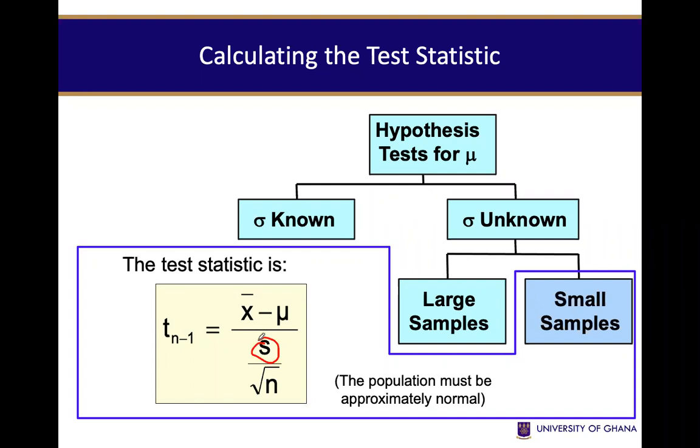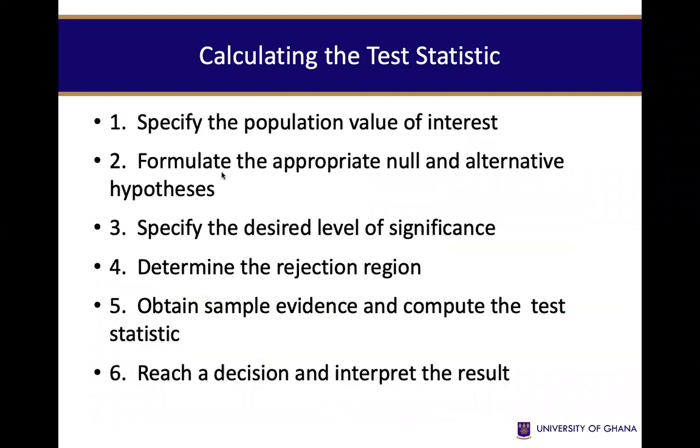And it's as simple as that. The sampling distribution is no longer a normal distribution, but a T distribution. We would take more examples of this.